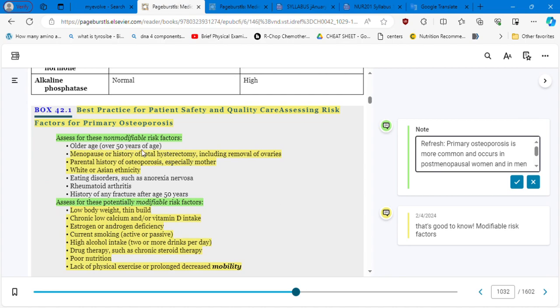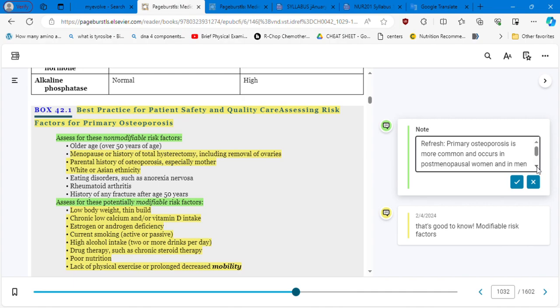Over 50 years of age, that's non-modifiable, but the most important is menopause, parental history of osteoporosis, especially the mother, and white or Asian ethnicity. Those are factors that you need to consider. Eating disorders, rheumatoid arthritis, history of any fracture after age 50.